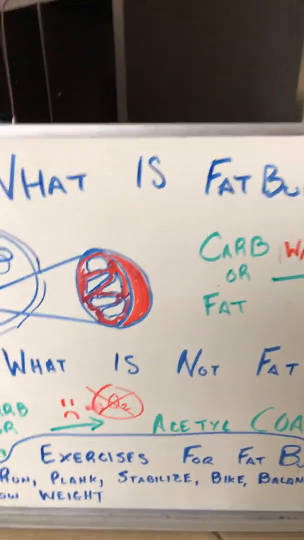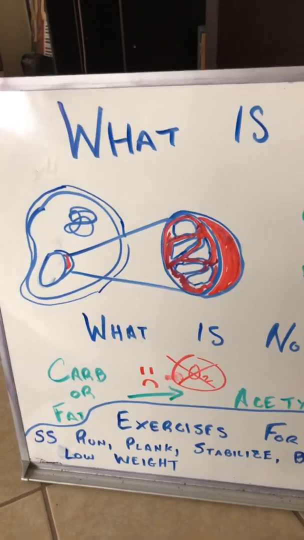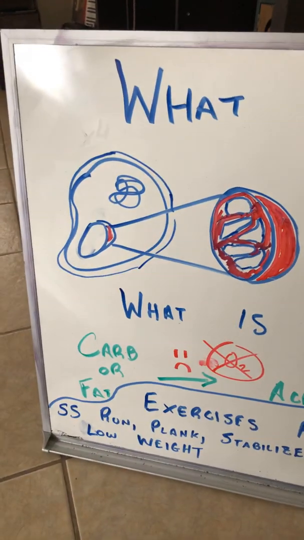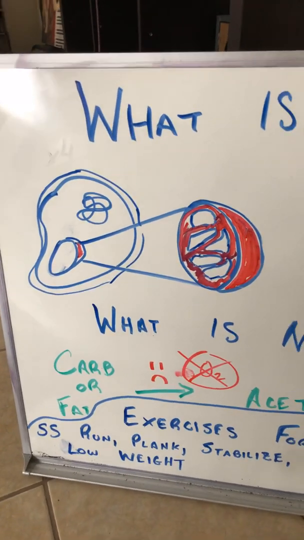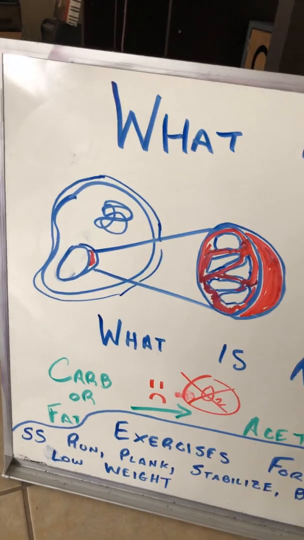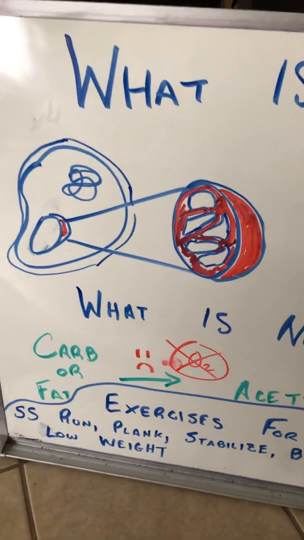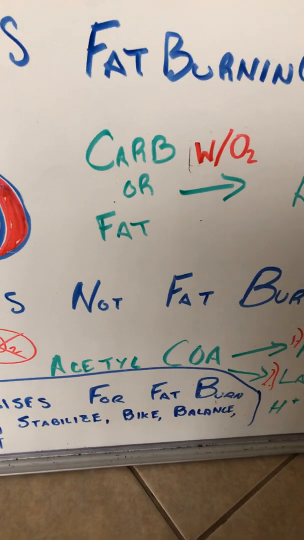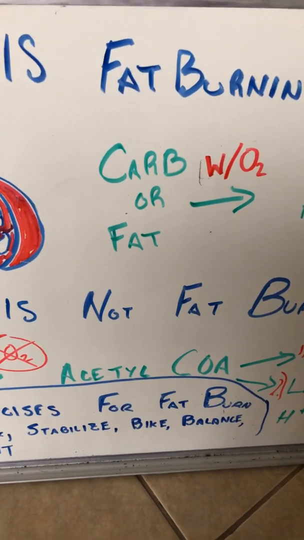Now, what is not fat burning, or where you're not going to burn fat anymore, is when you start to shut off your fat metabolism because there's not going to be oxygen flowing through there. You can still burn carbs, and you're going to go back to that acetyl coenzyme A we were just talking about.